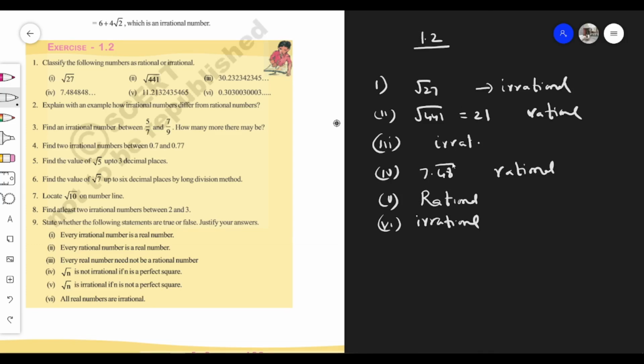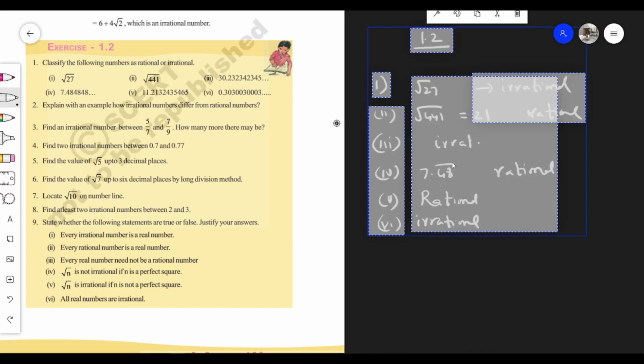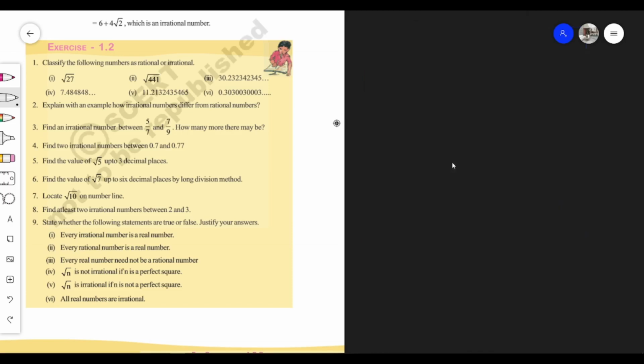Let's go for the second question. Explain with an example how irrational numbers differ from rational numbers. Right, again you can write rational numbers as Q. You write Q here and Q dash here.